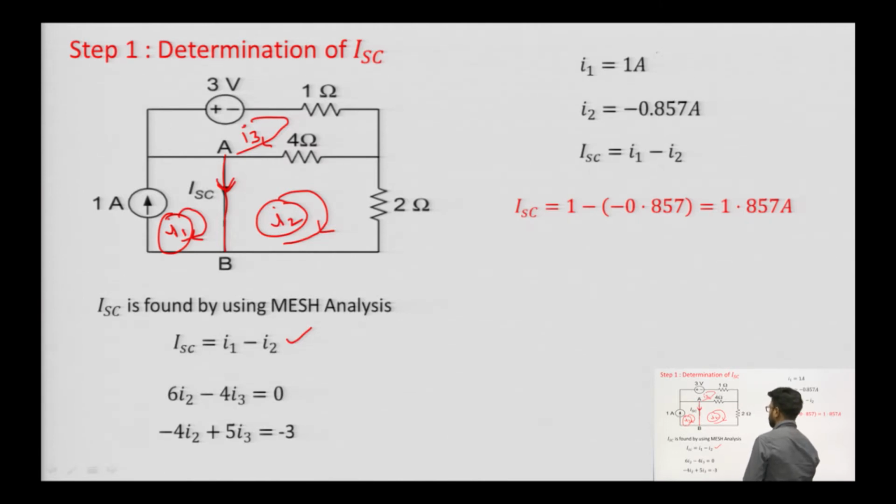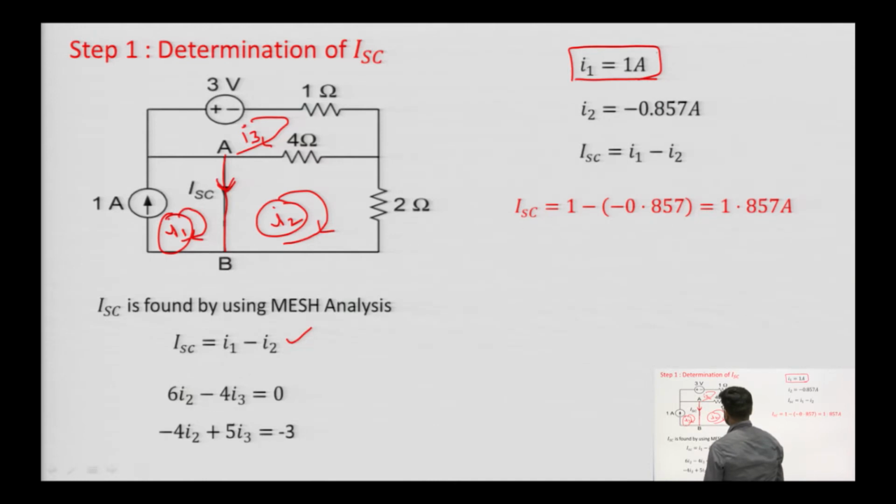So, ISC will be equal to I1 minus I2. Since I1 is 1 ampere, there is no need to apply mesh analysis here, because I1 is already 1 ampere.